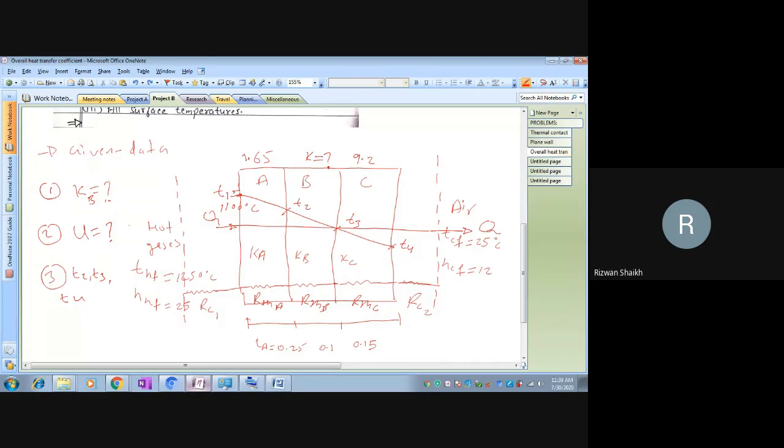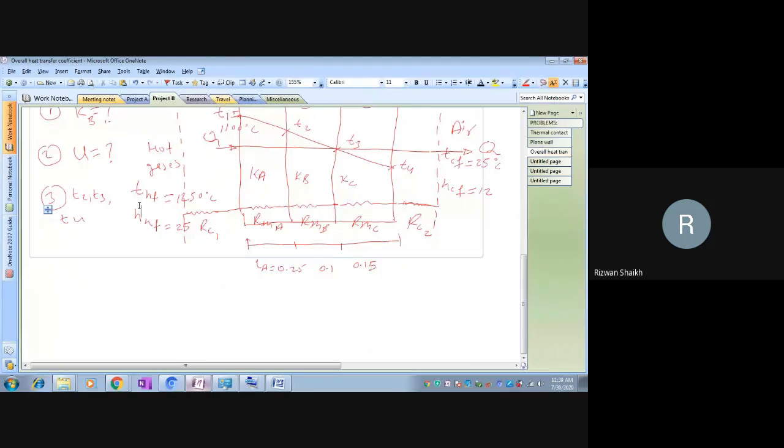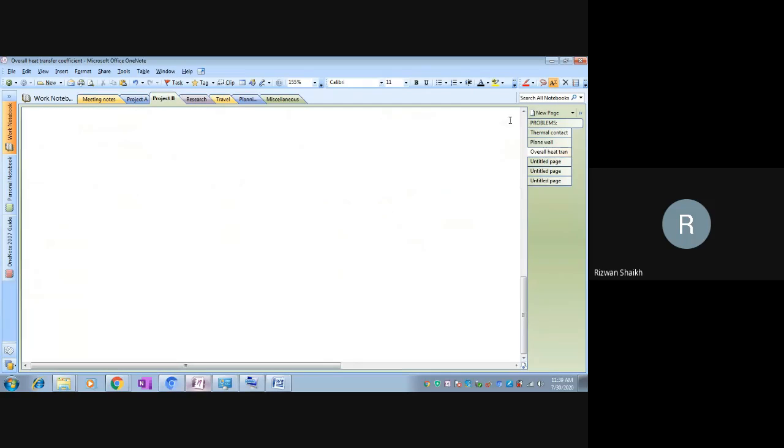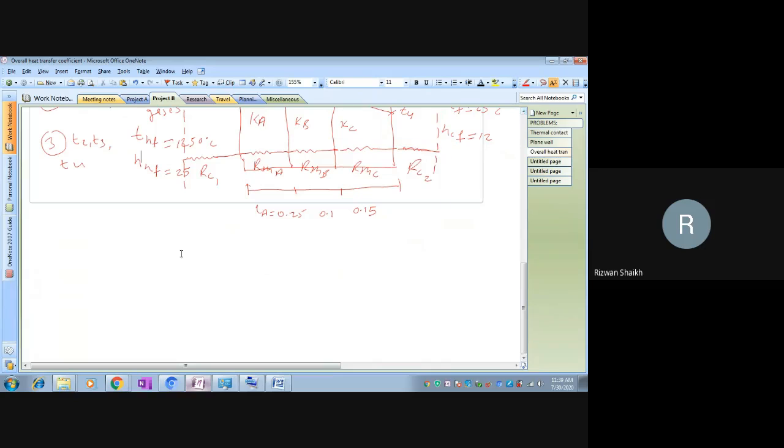So we'll start with the first layer. I hope the question part has been understood.